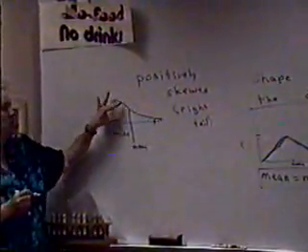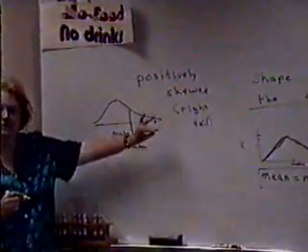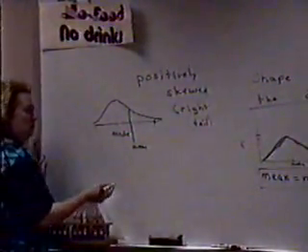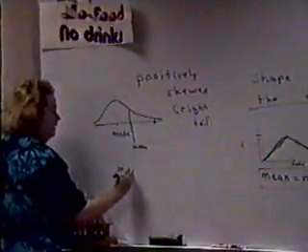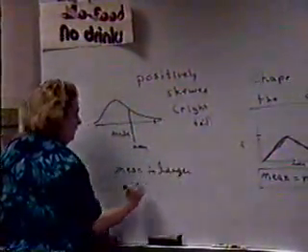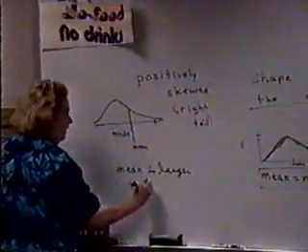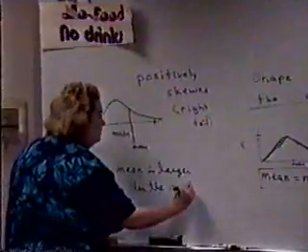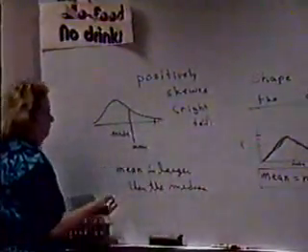The ends are called the tails, but here the right tail is long. It's positively skewed. And positively skewed means the mean is larger than the mode below. Usually just compare it to the mode.